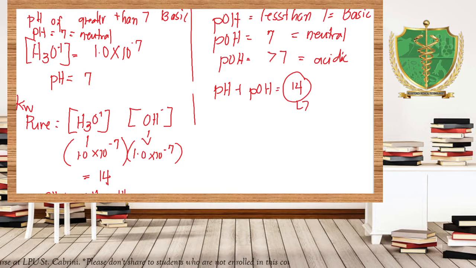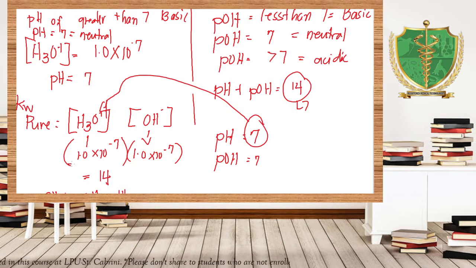Again, what is the pH of water? 7. No? The pH of water is 7. The pOH of water is also 7. Saan po nanggaling itong 7 na to? Negative logarithm of the hydronium concentration, which is 1.0 times 10 raised to negative 7. Saan po nanggaling yung pOH na 7?